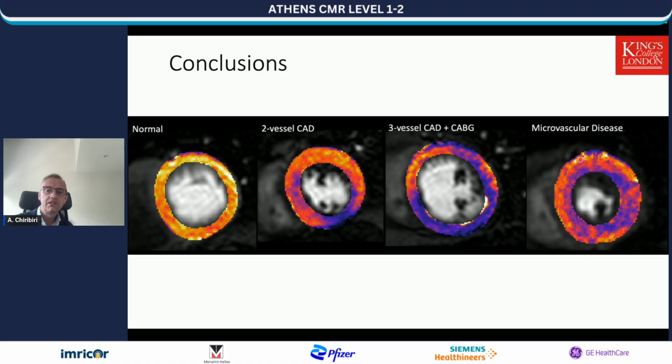And this pattern is completely different from 3-vessel disease and CAD. So I really think that with this method, high resolution quantitative perfusion mapping, we can finally diagnose those forms of INOCA or ANOCA, which depend on the primary disease of the myocardium.